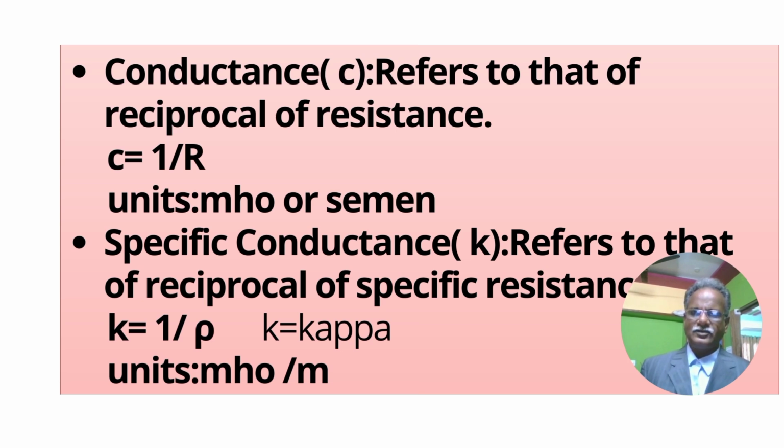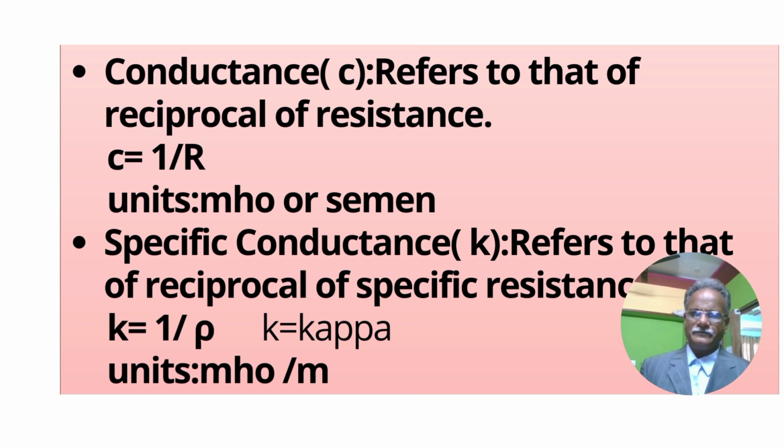Conductance is denoted with C. Mathematically, conductance can be represented as C is equal to 1 by R. Units for conductance are mho or Siemens. Using Siemens is more comfortable than mho to avoid the confusion.